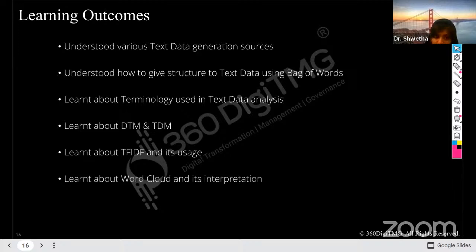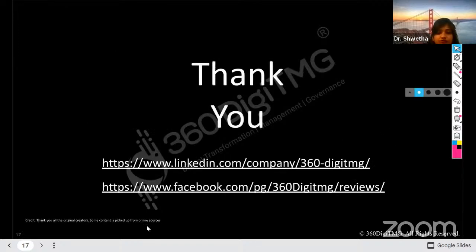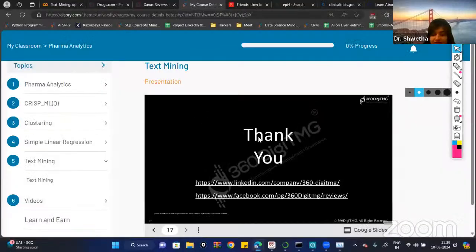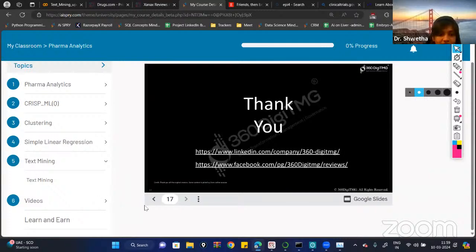Then we learned about document term frequency and term document frequency. We learned about TF-IDF and its usage, about word cloud and its interpretation. Next, we will be moving to the code part of it.